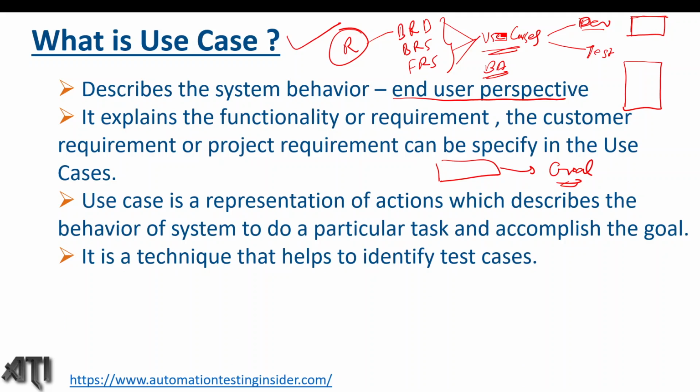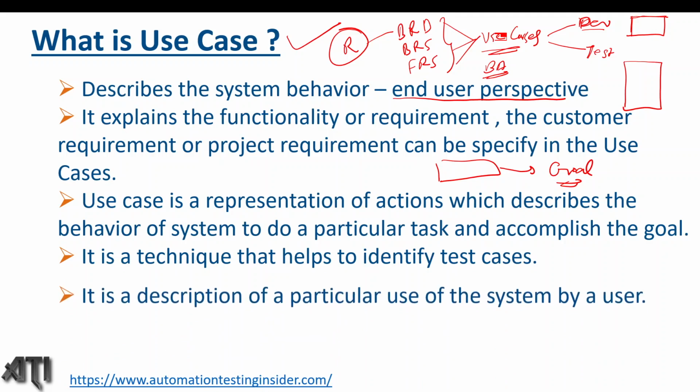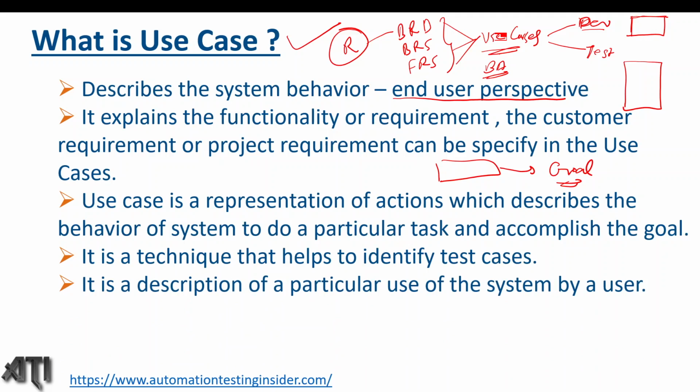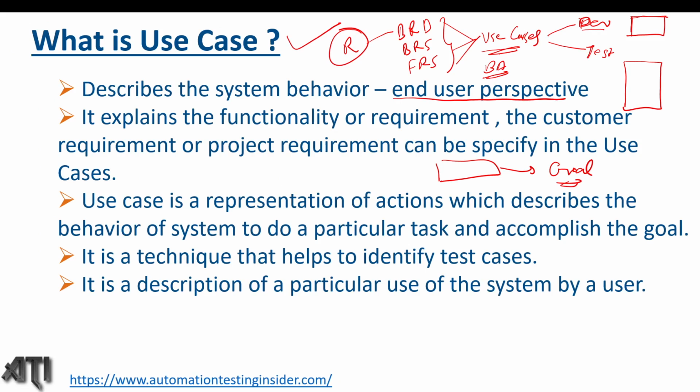It is a technique that helps to identify the test cases, and as I have explained earlier, from use cases we can derive our test cases. It is a description of a particular use of the system by a user, and there are a few important things in use cases. The first is the actor: who is going to use the system.